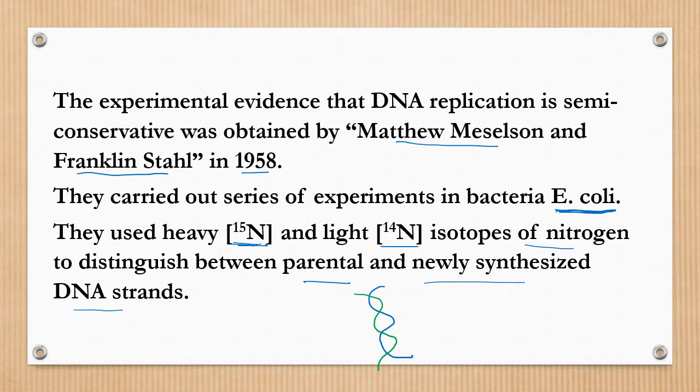So they are using these two different types of isotopes, normal nitrogen and the isotope. Why are they using them? To identify which one is the parental DNA strand and which one is the newly synthesized strand.